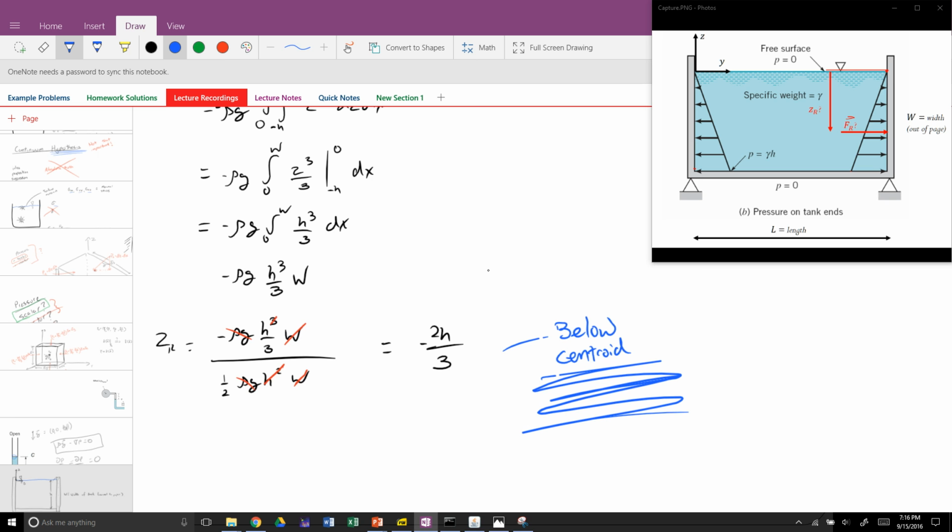Okay? So think about, if this is the center of pressure here, think about how we computed that. We figured out what the total moment induced by the pressure forces on the wall was and divided through by the total pressure forces.